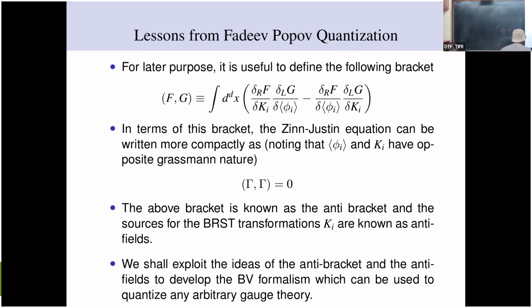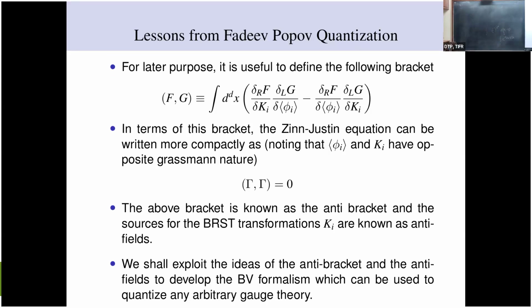Wait, the fact that it's not identically 0 is some Grassmann square. If I put F and G equal, it looks like it's just identically 0. No, only for gamma. I think he's asking about the bracket, noting that phi and K have opposite Grassmann nature.